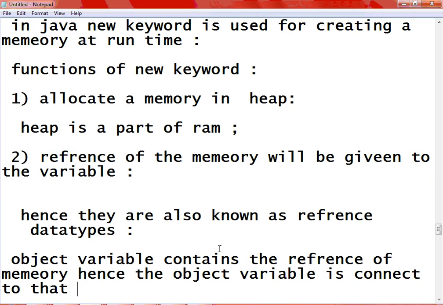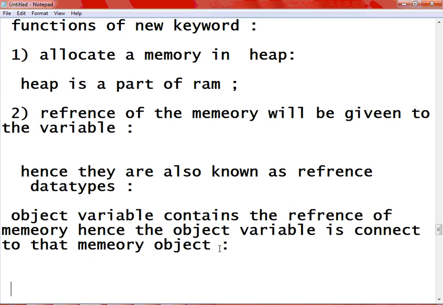This is very much correct. The variable is connected to that specific reference of the memory. This is all fine. One important point is that if we break this reference, the object is destroyed.